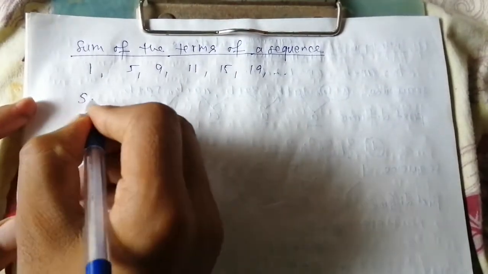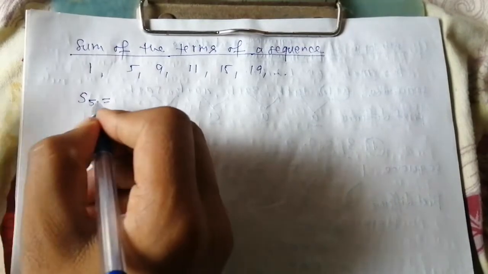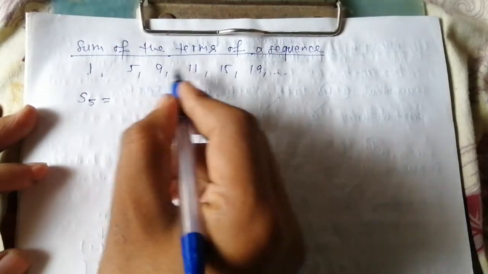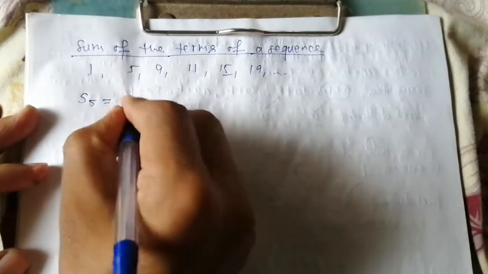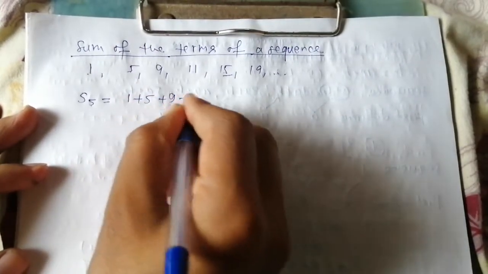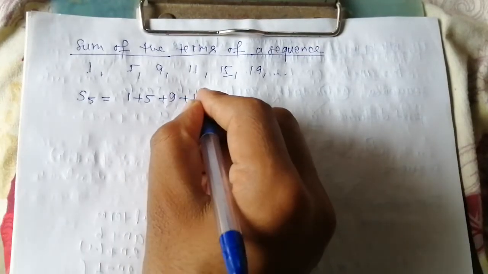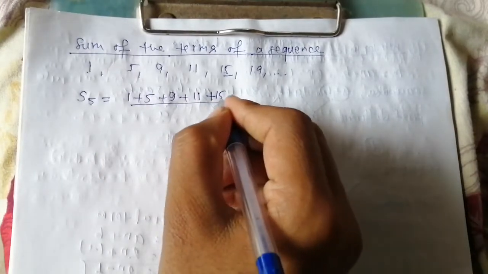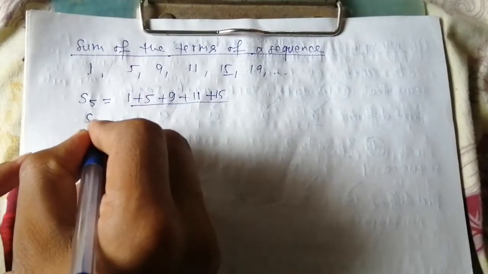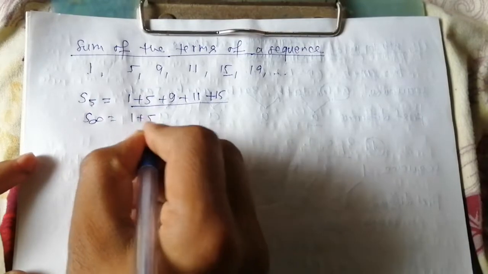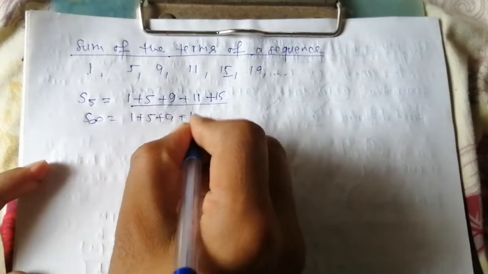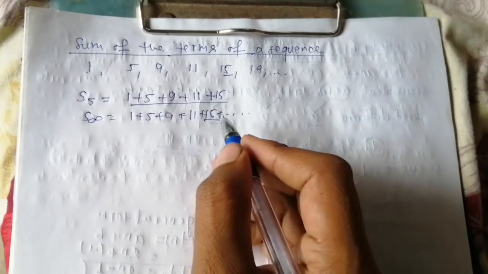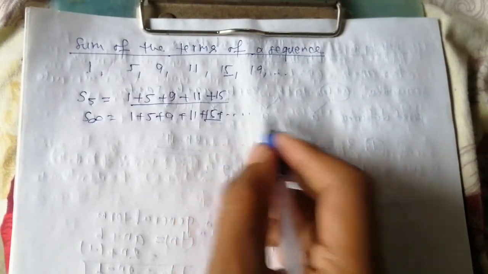If we write s5, we have to add 5 terms, that is 1 plus 5 plus 9 plus 13 plus 17. So this is s5. If we write s infinity, then after that more elements should be added, or it goes to infinity.